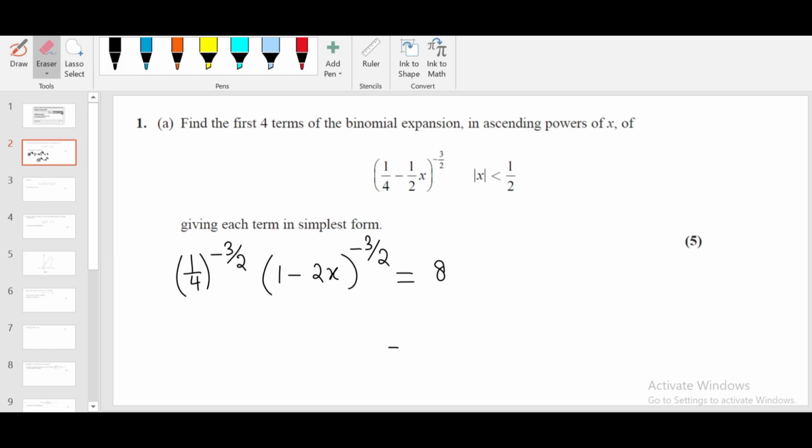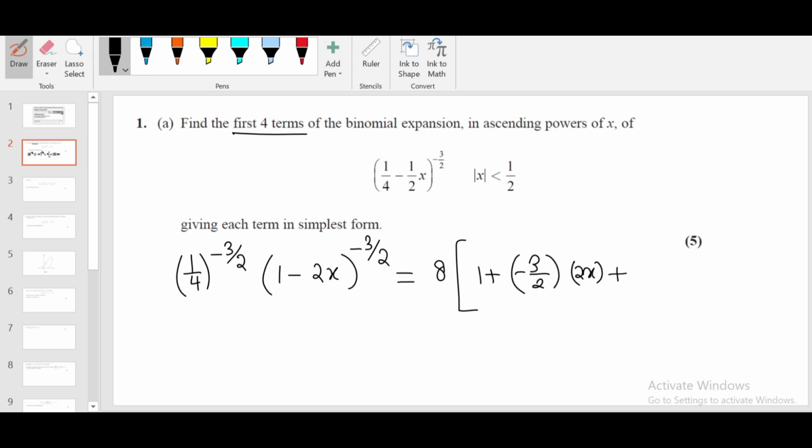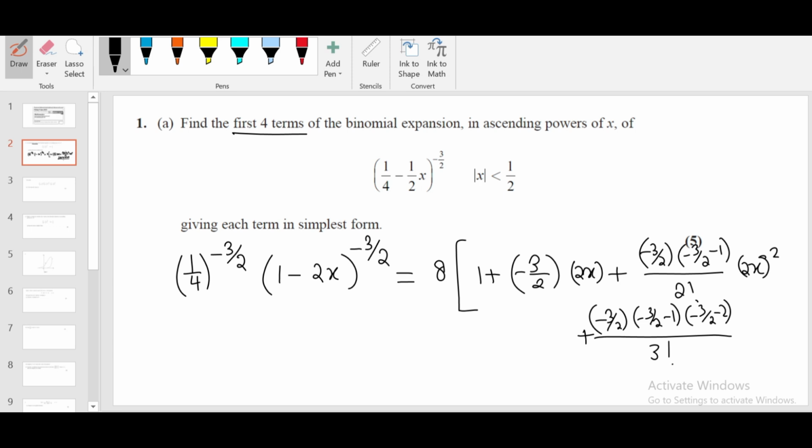And then we are going to apply the binomial expansion and find the first 4 terms. The binomial expansion is this: 1 plus nx, where x is the second term, plus n times (n minus 1) over 2 factorial times x squared, plus n times (n minus 1) times (n minus 2) by 3 factorial x cubed.